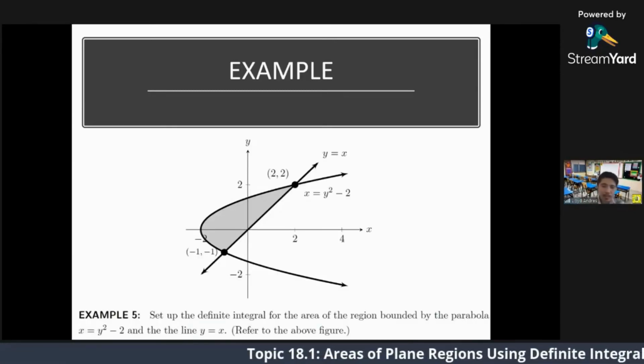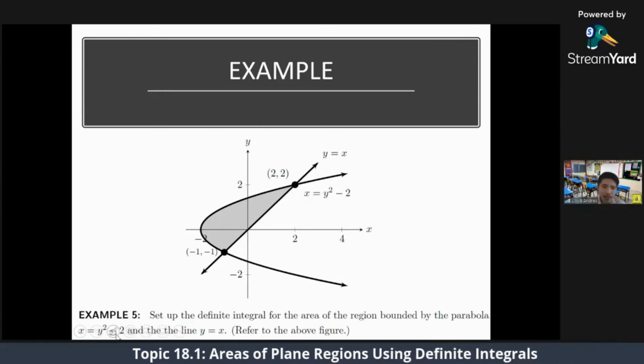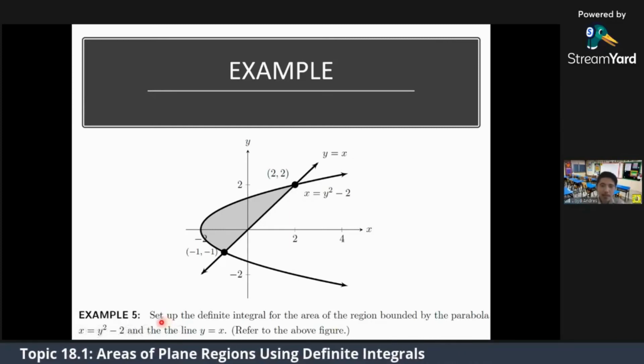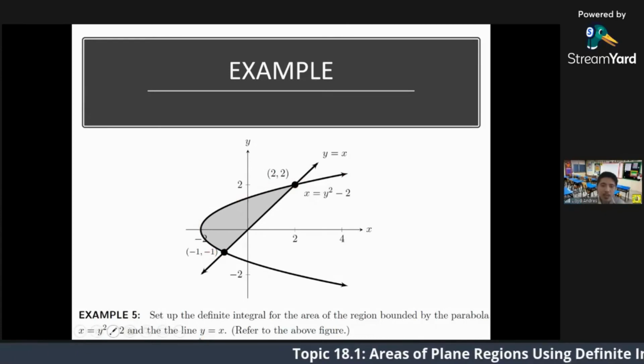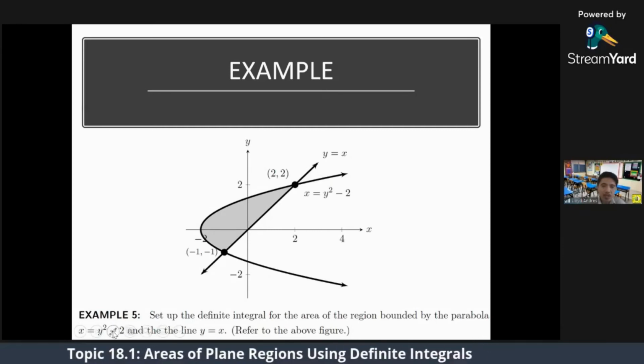Okay, example 5. Set up a definite integral for the area of the region bounded by the parabola x equals y squared minus 2 and the line y equals to x. So, again, ang first buhaton is you try to sketch.